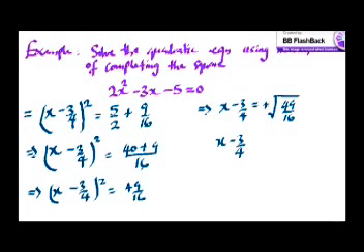Remember, your square root will have a positive or negative sign. X minus 3 over 4 will be equal to square root of 49, which is plus or minus 7 over 4. So this becomes x is equal to 3 over 4 plus or minus 7 over 4.